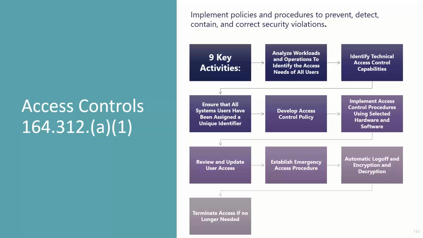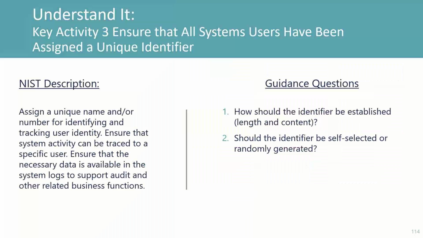Implement access control procedures using selected hardware and software, and review and update user access. Again, we always have to establish an emergency access procedure. What about automatic logoffs, encryption and decryption, and terminating access if no longer needed? And again, that should also have an audit process attached to it.